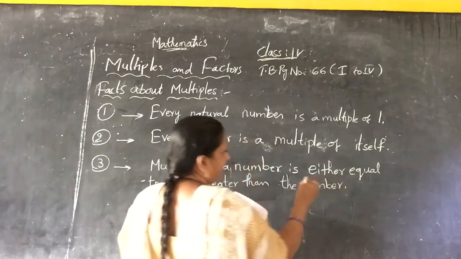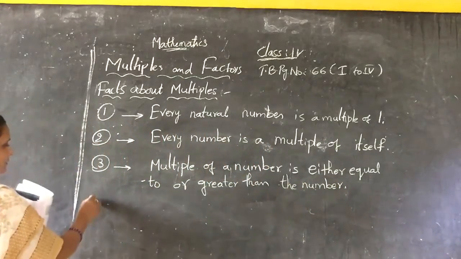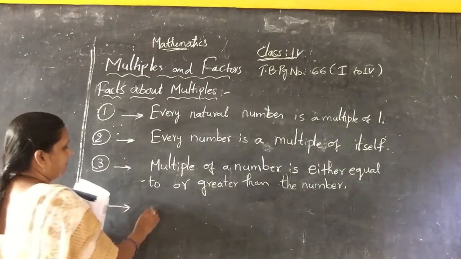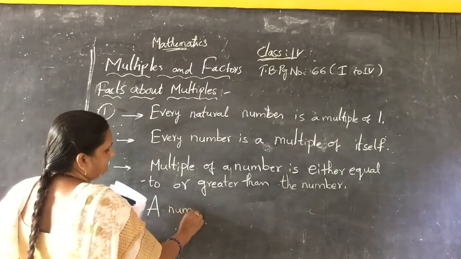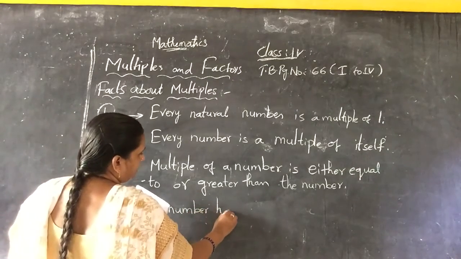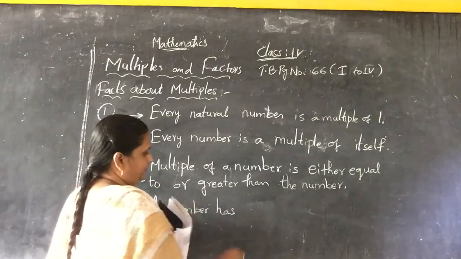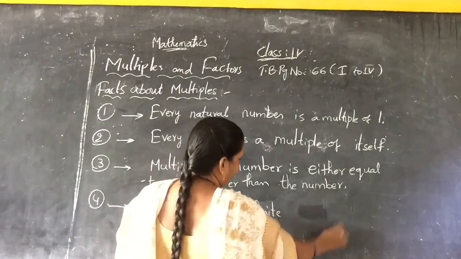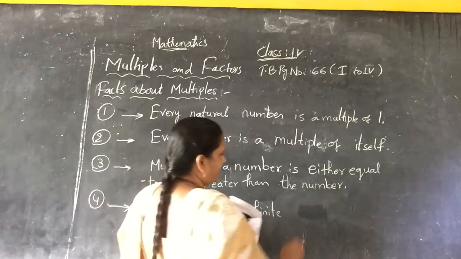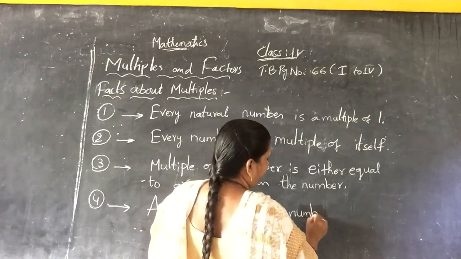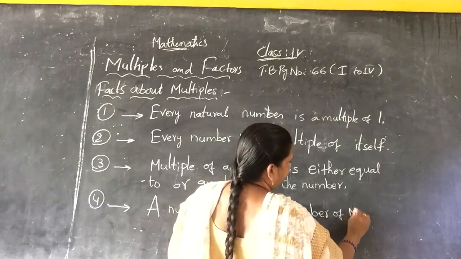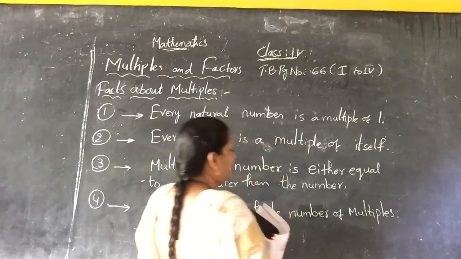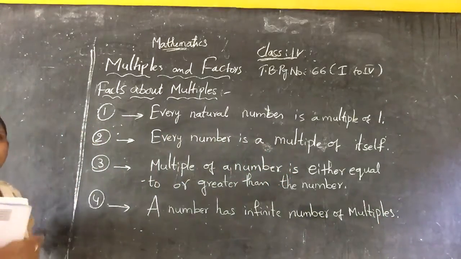Point number 4. A number has infinite number of multiples.